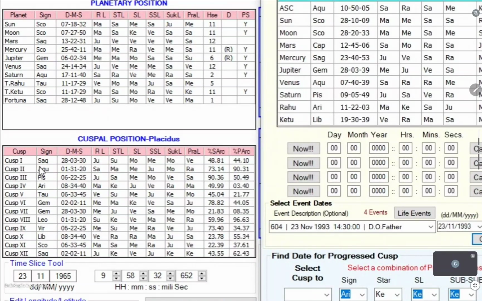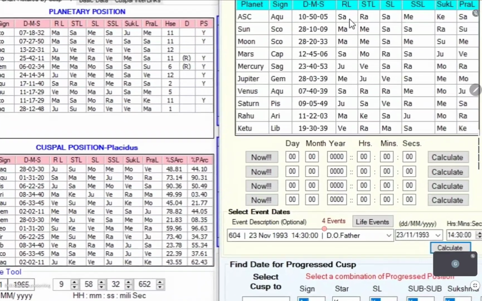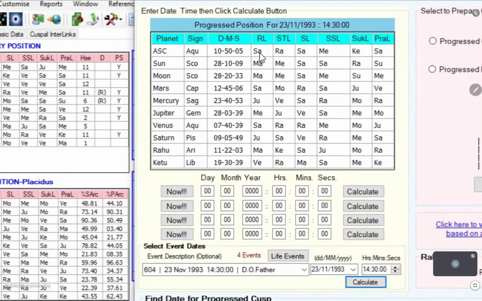See, when the native was born, the ascendant was progressing in the sign of Sagittarius. And at the time of the death of the father, the ascendant has progressed into the sign of Aquarius, the sign of Saturn.